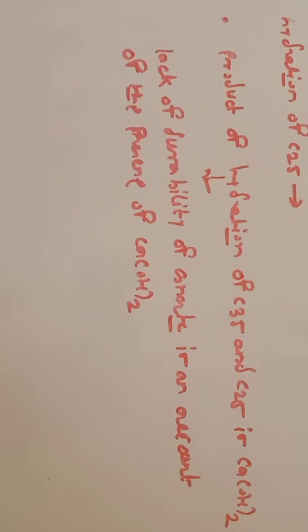So this calcium hydroxide is one of the products of this hydration reaction of dicalcium silicate and tricalcium silicate, and the lack of durability of concrete is on account of the presence of this calcium hydroxide.